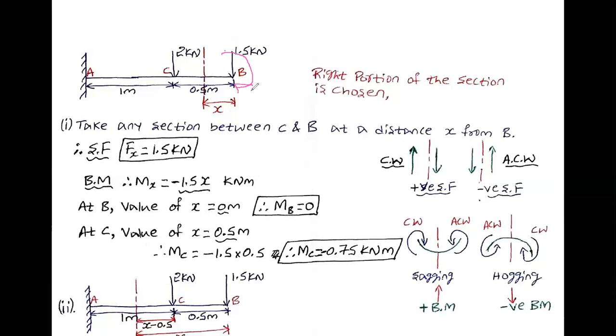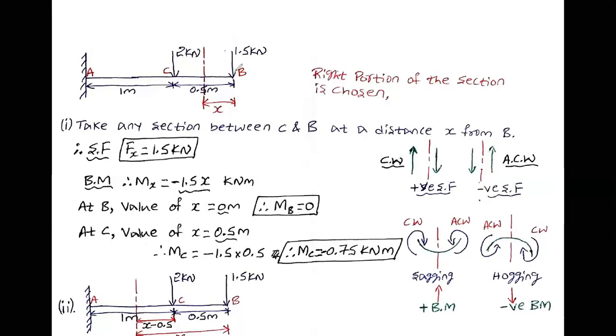If it is acting in a clockwise direction, then you have to take it as negative bending moment. This is one method, or this is the layman method. If it is acting downward, it will always result in a negative bending moment, or hogging. That's why I've taken it as minus 1.5 into x.